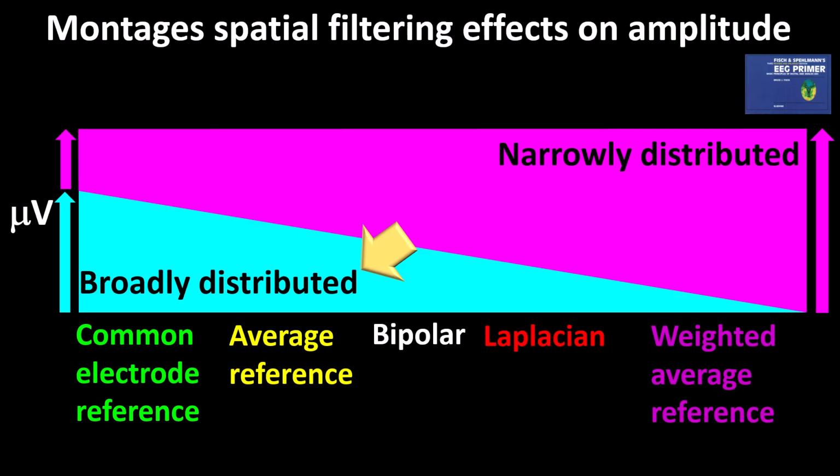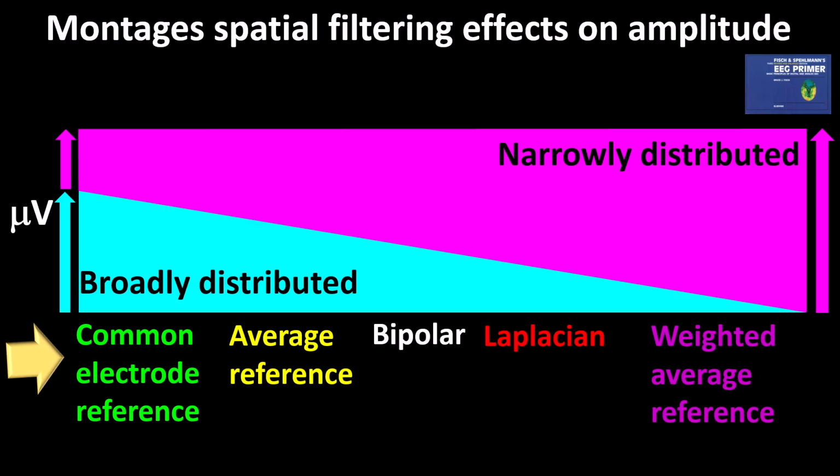I have classified a broadly distributed potential as one that is captured in many electrodes. The second group is constituted by narrowly distributed potentials. A narrowly distributed potential implies a potential that is captured on one electrode, or at the most two closely placed probing electrodes. The color-matched arrow indicates amplitude for the respective potential.